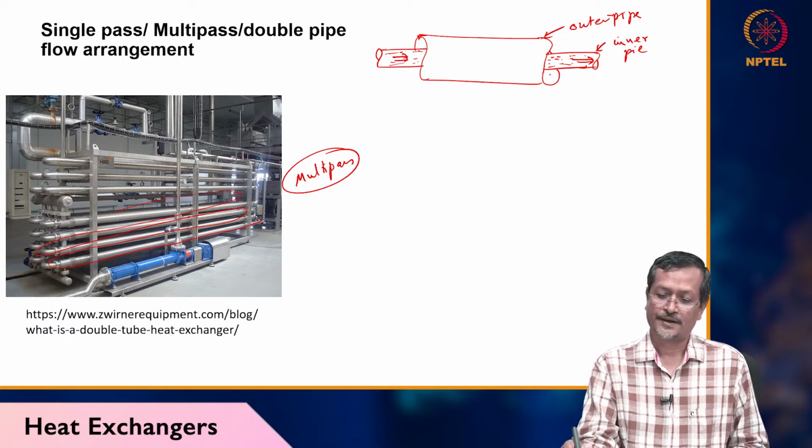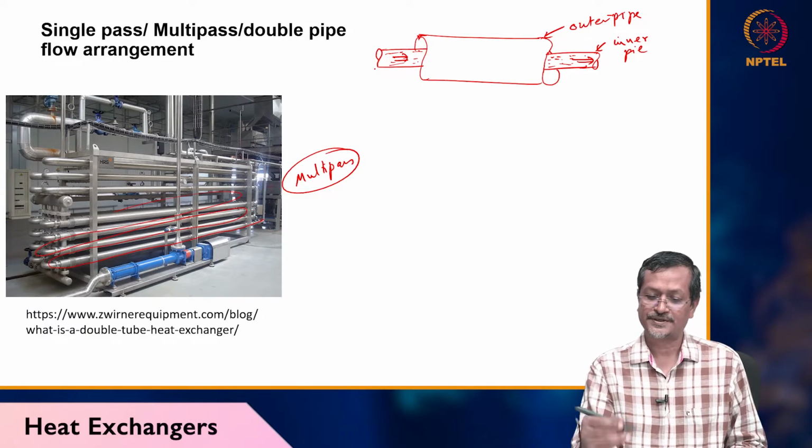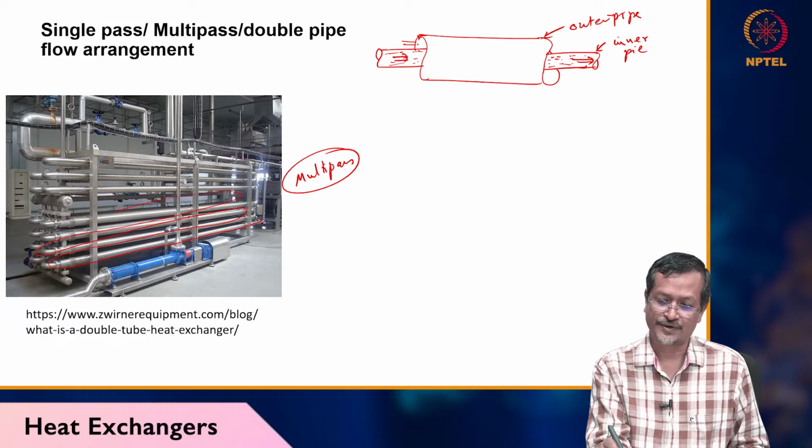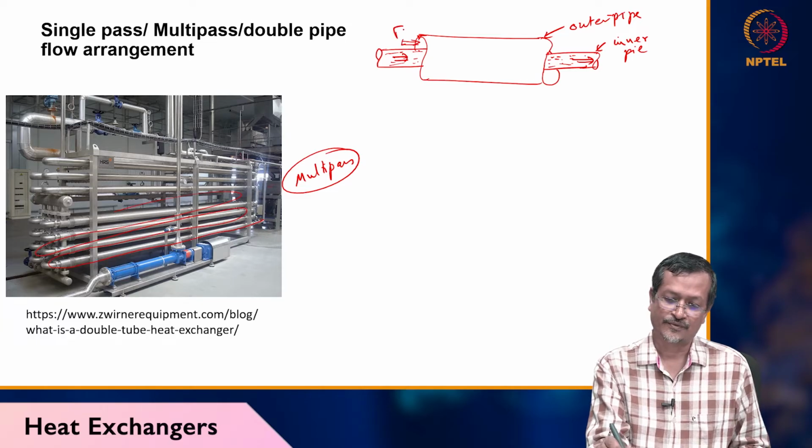Okay, and outer pipe, inner pipe, fluid flow direction can be same or different. Like say one fluid is going through this, fluid 1, this is maybe fluid 2.